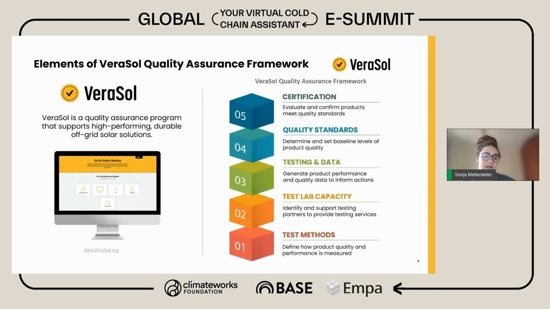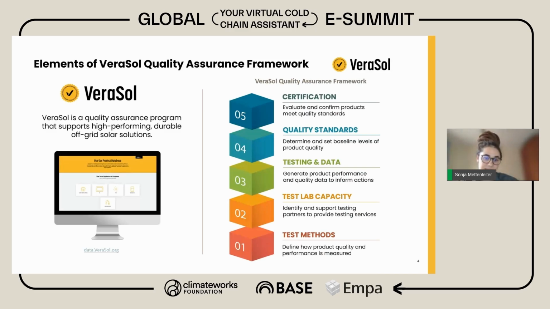So how does the quality assurance framework work? Verasol is a quality assurance program that supports high-performing, durable off-grid solar solutions. First of all, test methods are developed, which define how product quality and performance is measured.